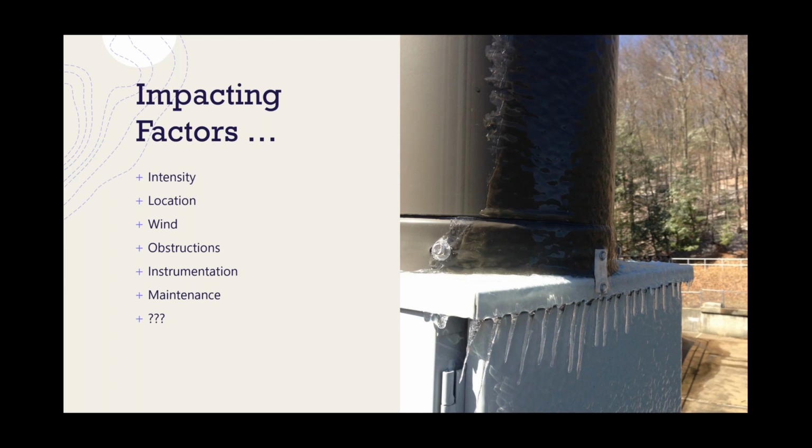Jason talked about location of that gauge. Just like any other real estate question, it is location, location, location. Everybody talks about the importance of being in the right location at the right time. Wind, Jason talked about obstructions and being out in an open area with a grove of trees around you. It's at an adequate distance away, but you do want to protect your gauge from wind.